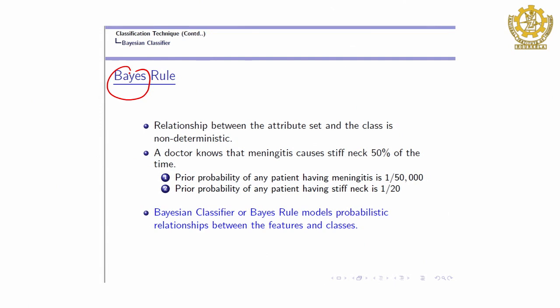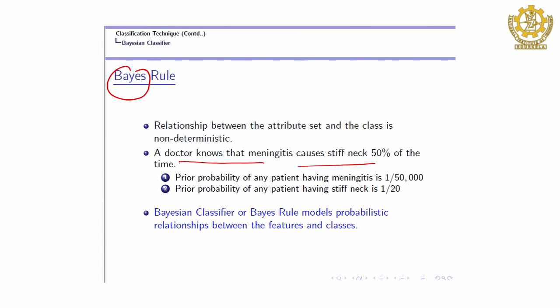One example can clarify this more. Let us say we have some information. A doctor knows that meningitis causes stiff neck 50% of the time. That means if there is meningitis, the chance of having a stiff neck is 50%.